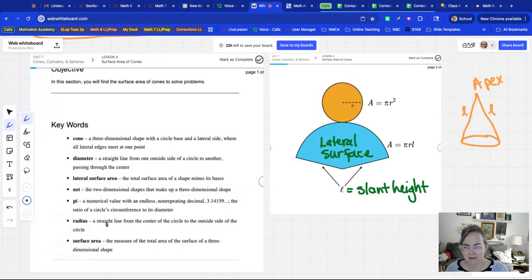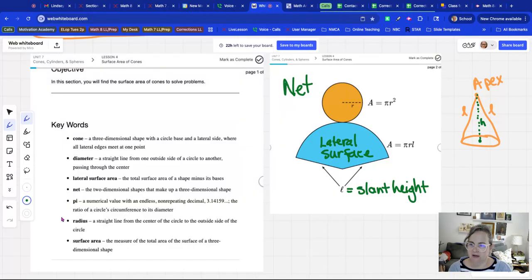It's a height that slants, so it's a slant height, and the actual height would go from the center of the circle up to the apex. So that's the actual height, okay? Slant height is L. H is straight up and down. Okay, this is what we call a net when we take apart the cone.